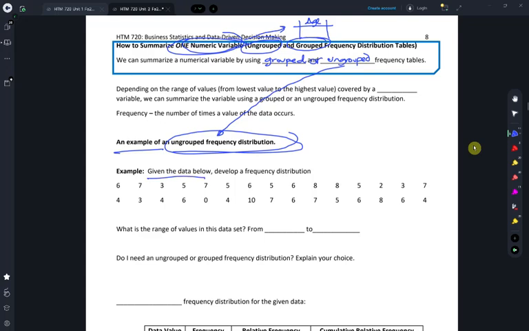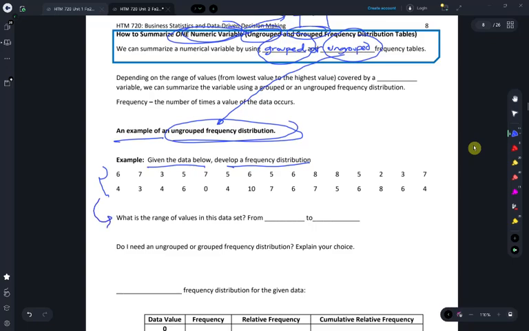I have been given the following data and I'm required to develop a frequency distribution. Should I use a grouped one or an ungrouped one? The only consideration I need to make here is the range of values in this data set. If you look closely, the least value is 0 and the highest value is 10.